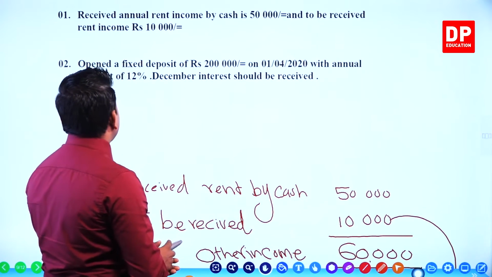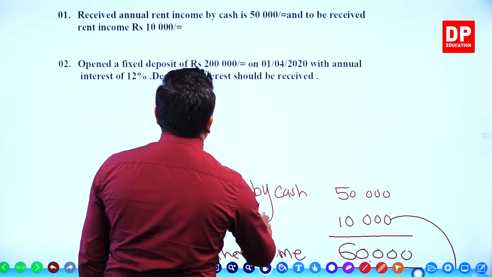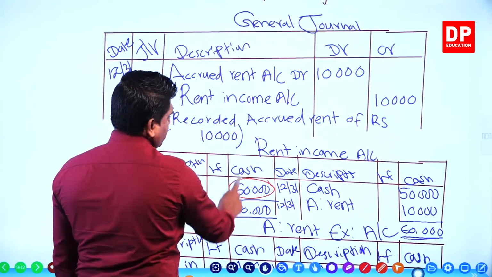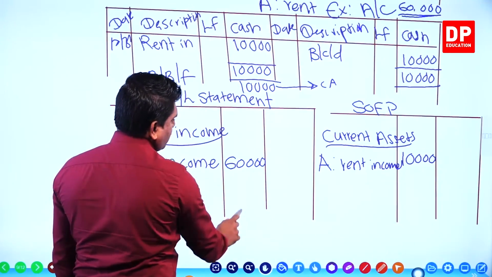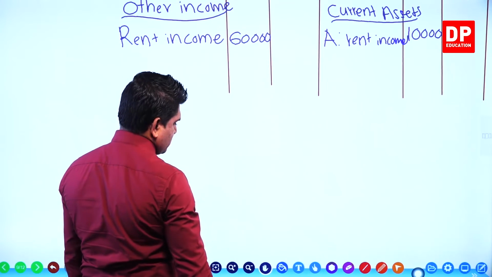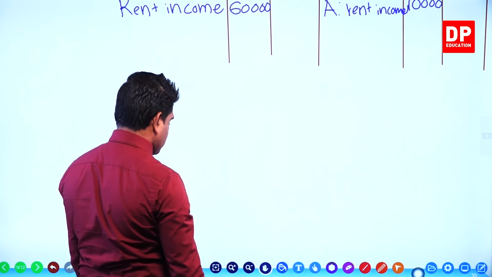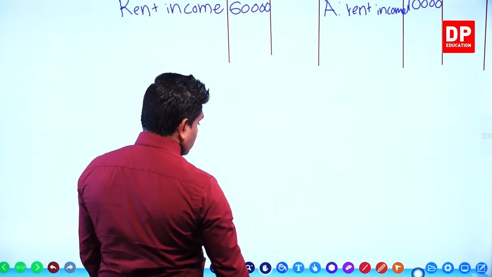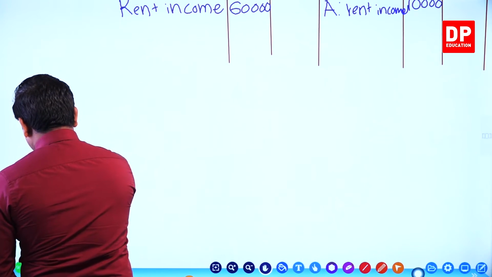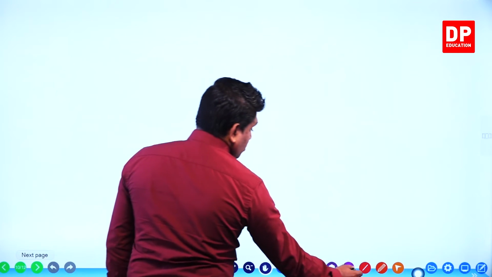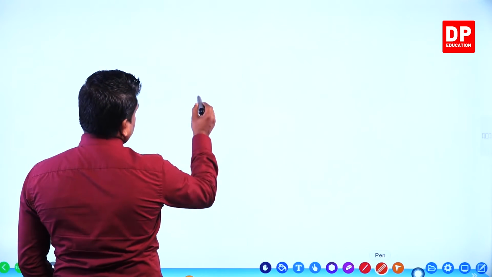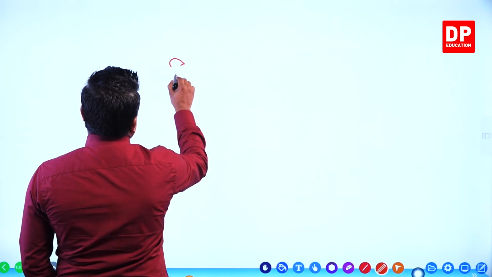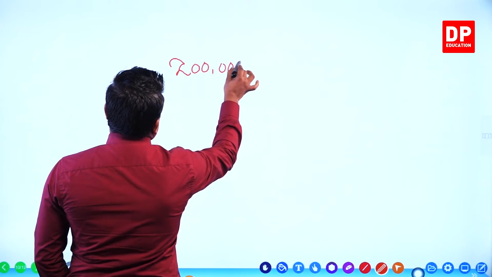First we calculate how much the interest is for the year. 200,000 fixed deposit, into 12. I use another color for the calculation. 200,000 into 12.